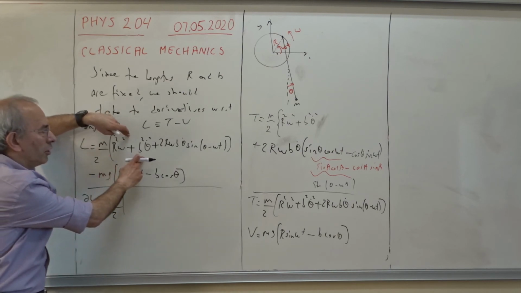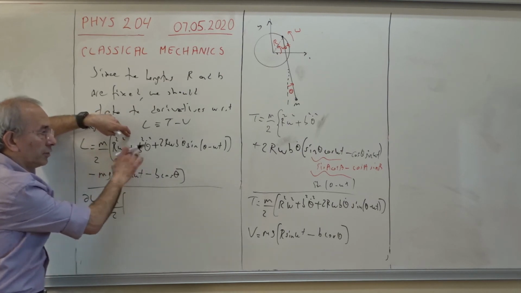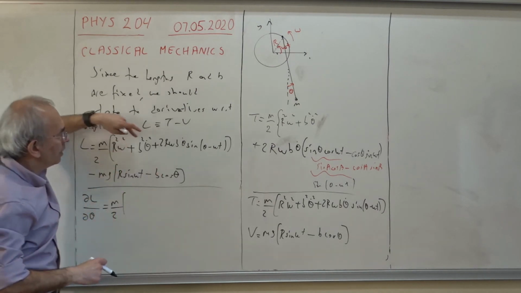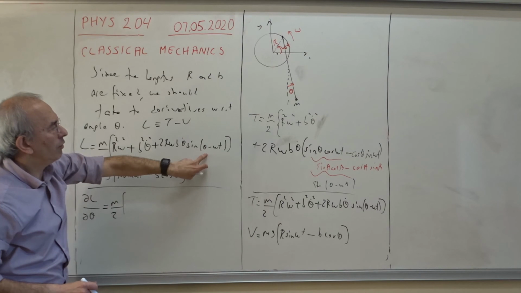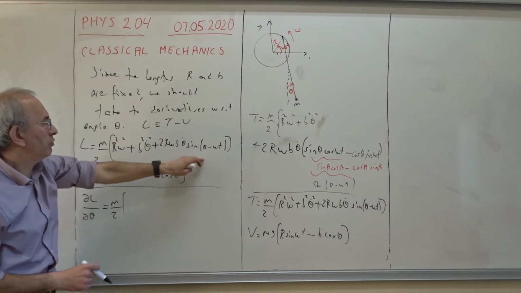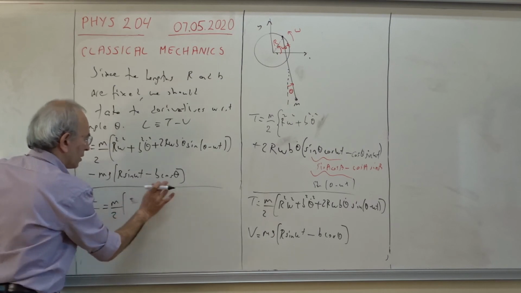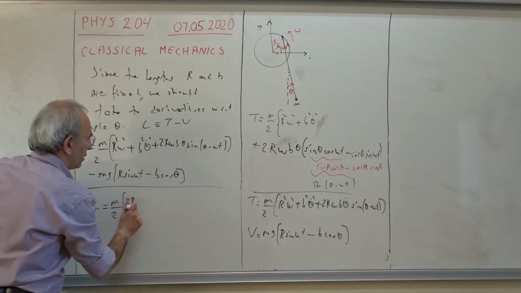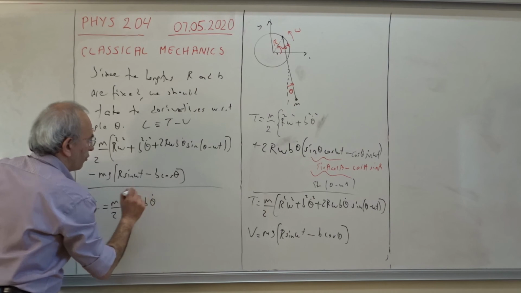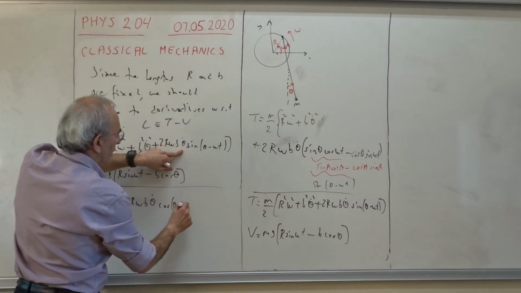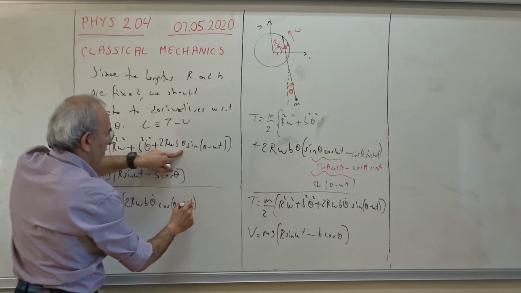Here, no. Here, no. We don't have theta here. Theta dot is, remember, something else. We will take it later. Here, we have only one appearance of theta, so write all the things twice, r omega b theta dot, and this becomes cosine of theta minus omega t.